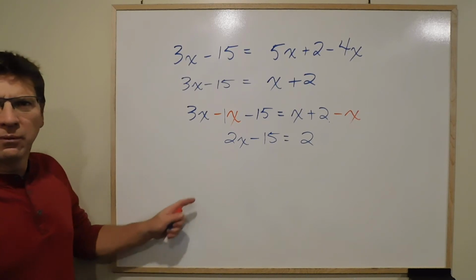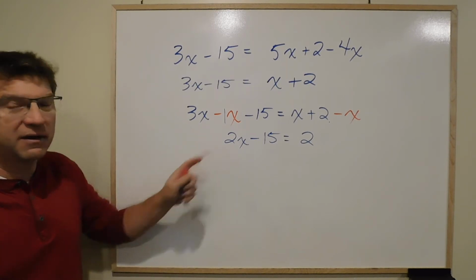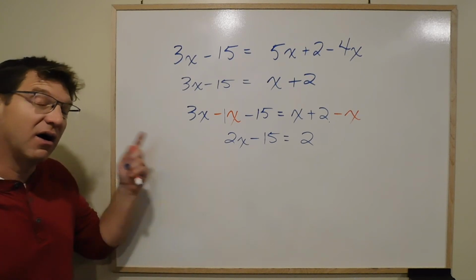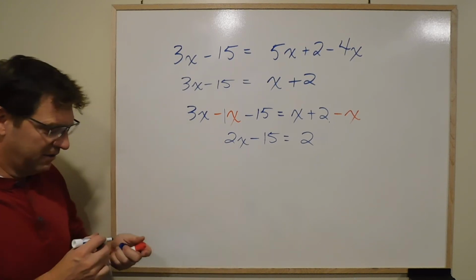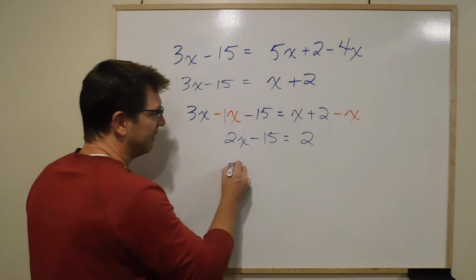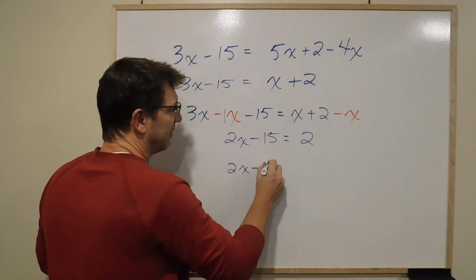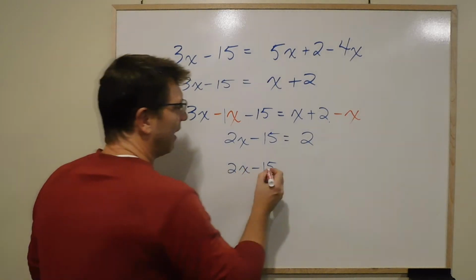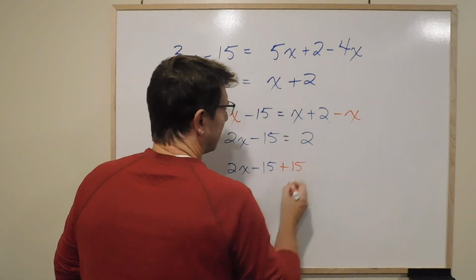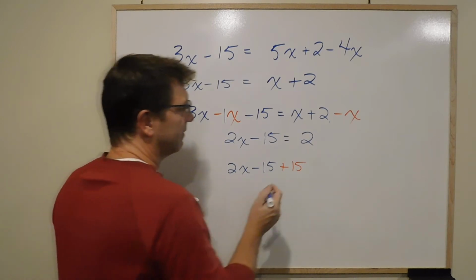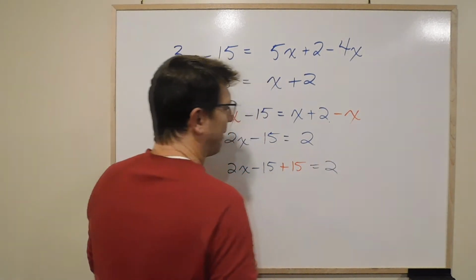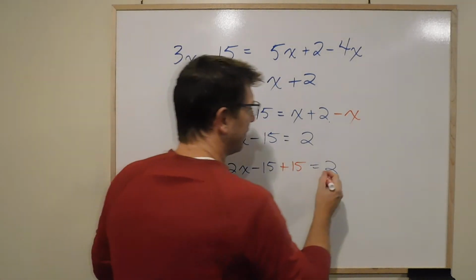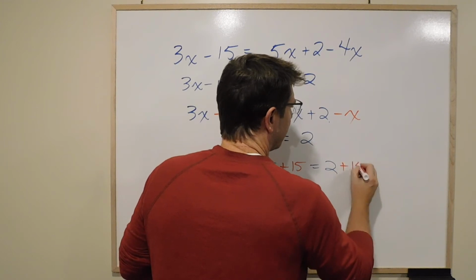We still have a problem with the negative 15 on the left. I want it on the right. Well, to get rid of a negative 15, I have to do the opposite. And the opposite is to add 15. Now, if I'm adding 15 on the left, we know this, you got to add it on the right plus 15.